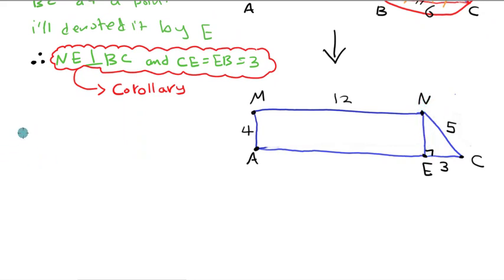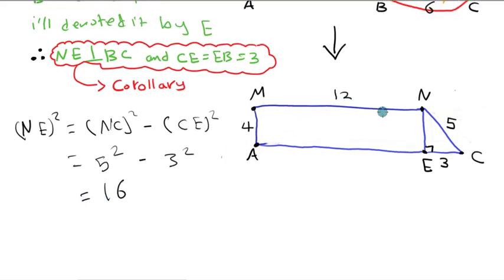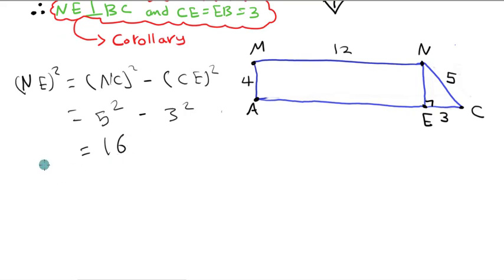NE squared equals NC squared minus CE squared, which is 5 squared minus 3 squared, so it equals 16 centimeters squared.